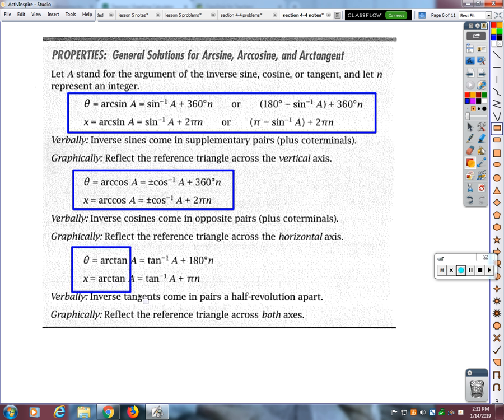We did cosine already, but they put that back on there anyway. So those are how you figure out the other things, okay?